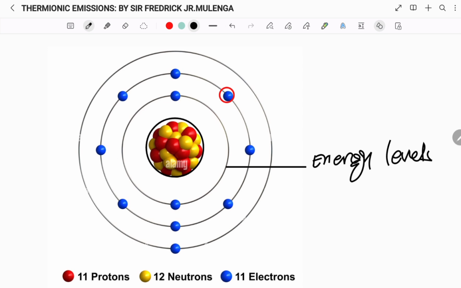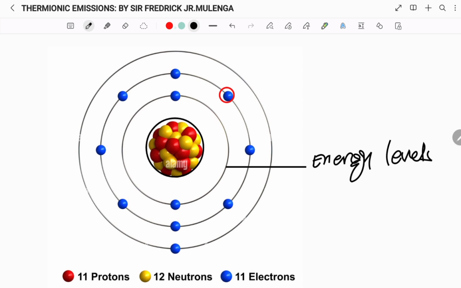They are called energy levels because the electrons found in each shell possess energy. The first shell will only be occupied by electrons that have some energy, and the second energy level by electrons that have the same energy.